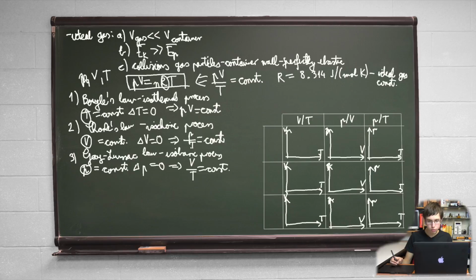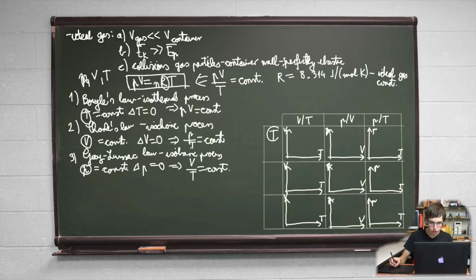And we are going to draw them for each of these 3 processes. Each line we are going to draw is going to be a graph of that process. So isotherm is named for a line of equal temperature, isochore represents equal volume, and isobar equal pressure. So we have each of these 3 graphs for each of these 3 processes.